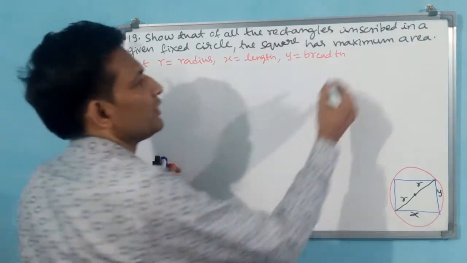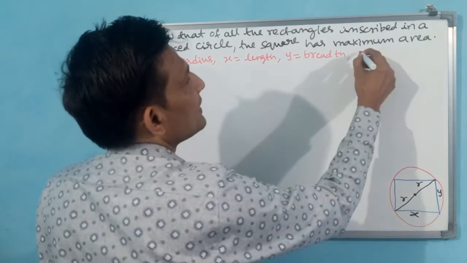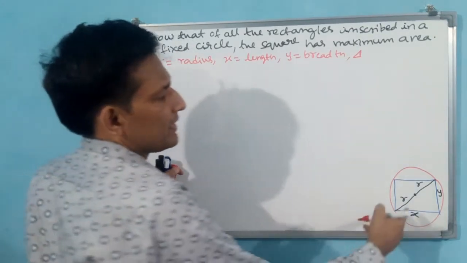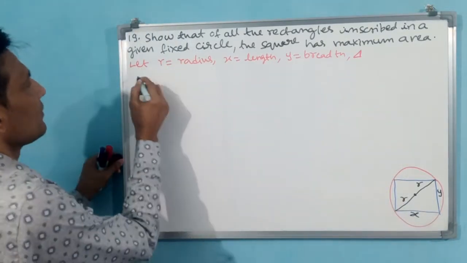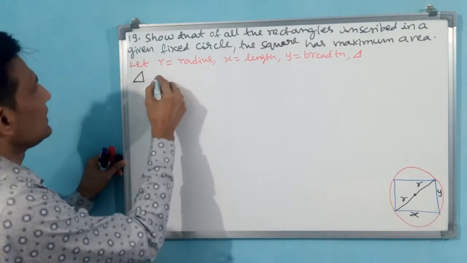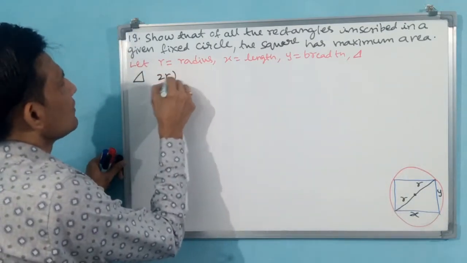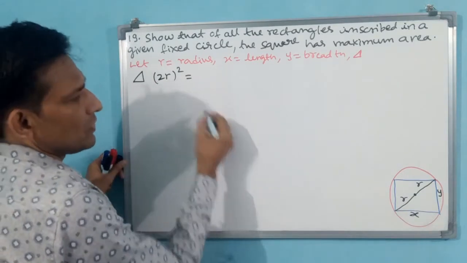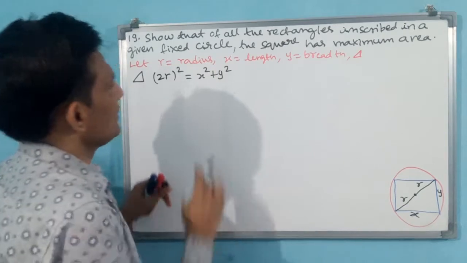Okay. See, for a right angled triangle, I am writing here. For a right angled triangle, 2r square. Why? Because r plus r, 2r. 2r square is equal to x square plus y square. Is it correct? First you see.